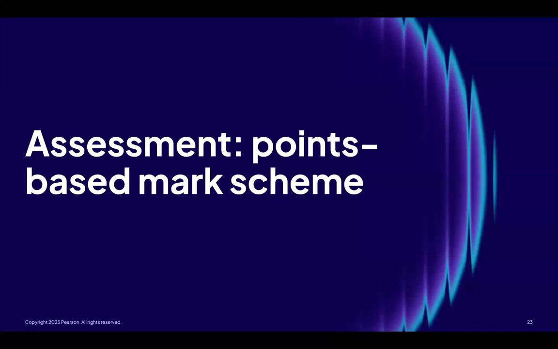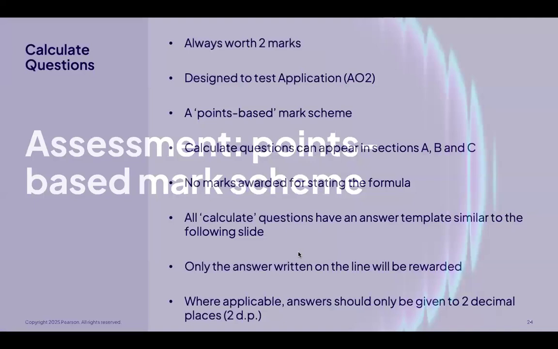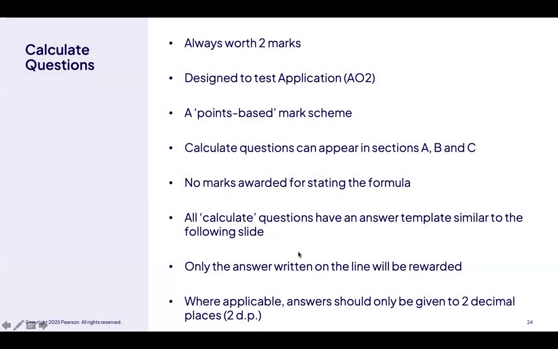We're going to look at two different types of questions in the mark scheme. Some are points based and some are levels based. I'm going to start off by talking about points-based marking and what that actually involves, first of all by looking at a calculate question.